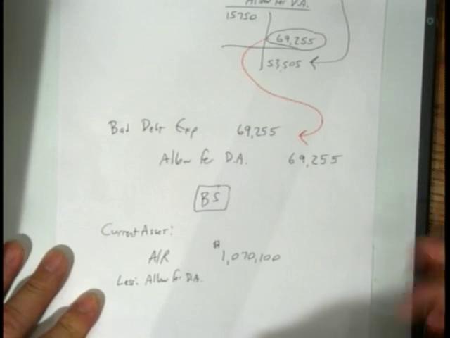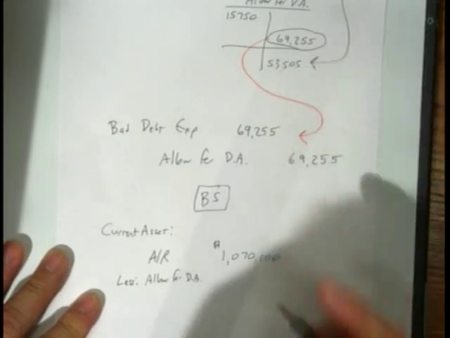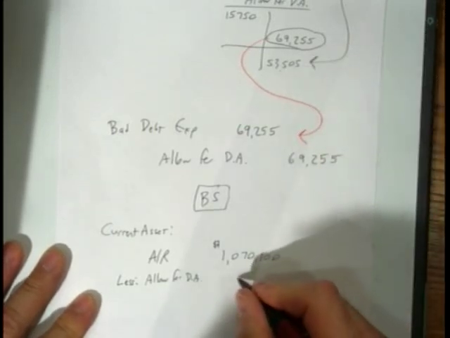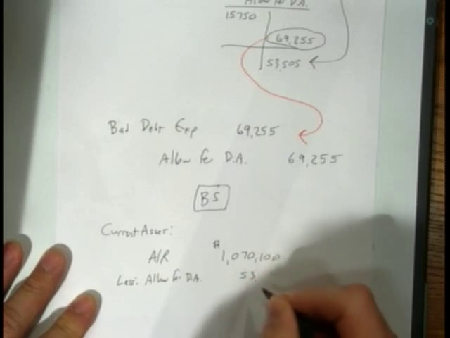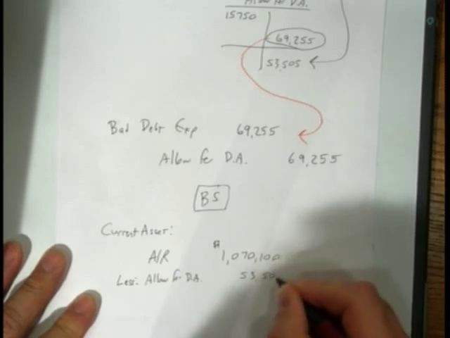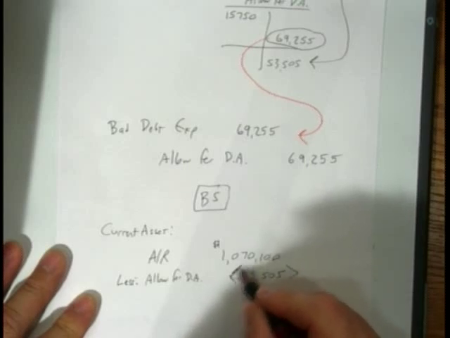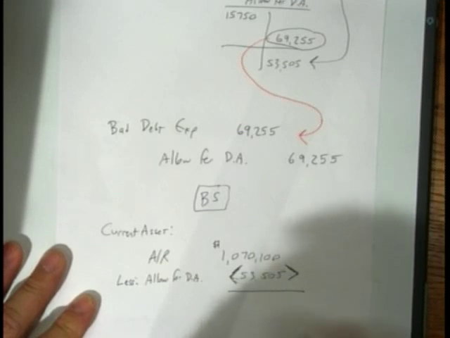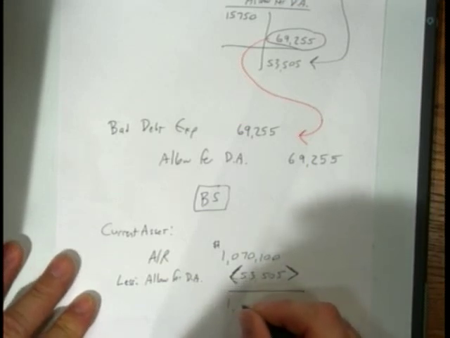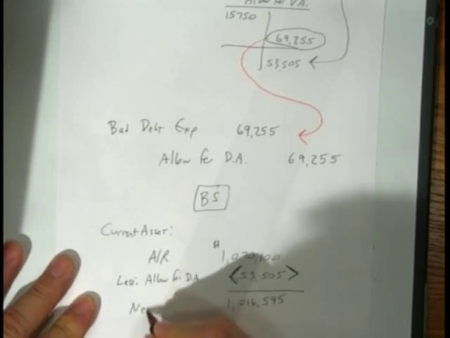So the allowance for doubtful accounts ending balance is 53,505. I'll put brackets around that to indicate that it's subtracted. And then that equals 1,016,595. And we can call that net AR.